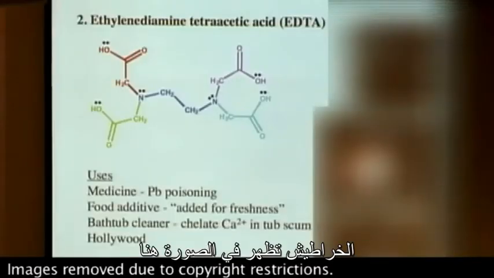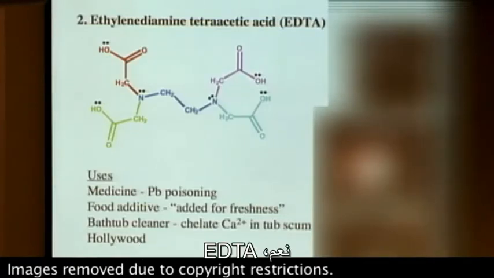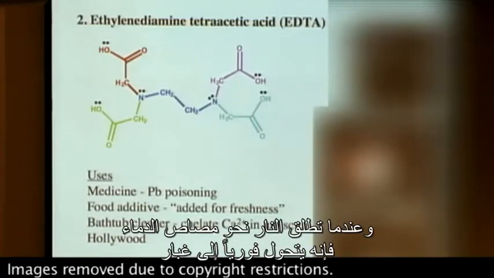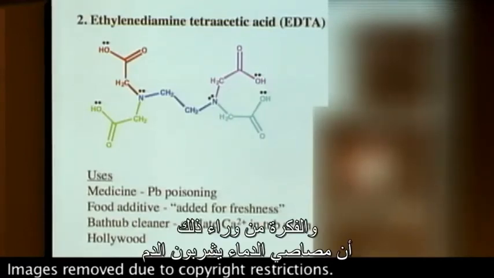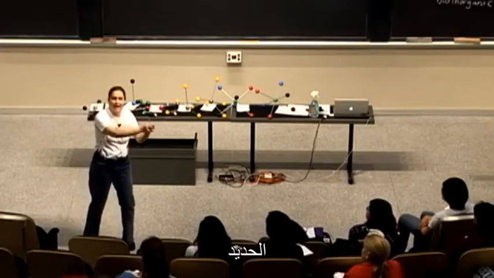Cartridges are shown here, and the cartridges have in them, anyone want to guess? EDTA, yes. And the idea behind it is that if you shoot the vampire, it turns instantaneously to dust. Vampires drink blood. Blood has what in it? Iron.